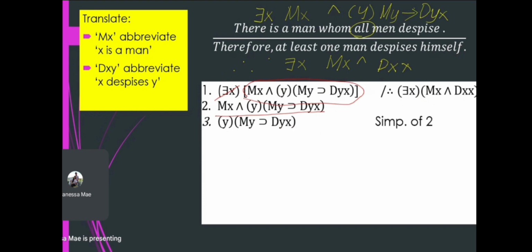Next, the simplification rule. Since we have another quantifier here, we can drop that one, for all y. So this is what remains; we dropped it using UI, because UI is universal instantiation, since we drop the quantifier.